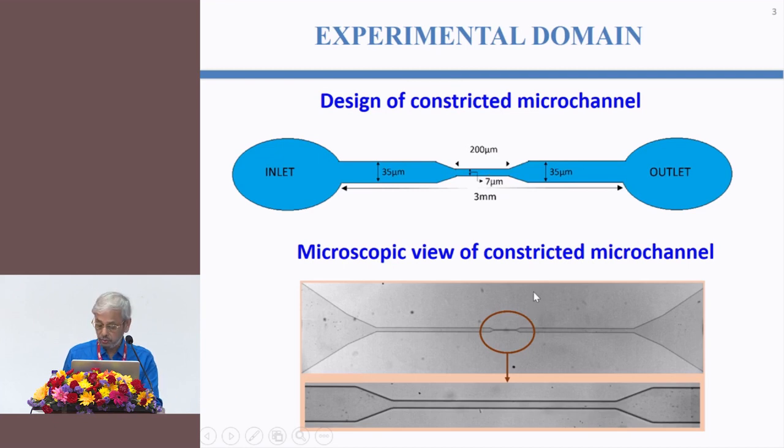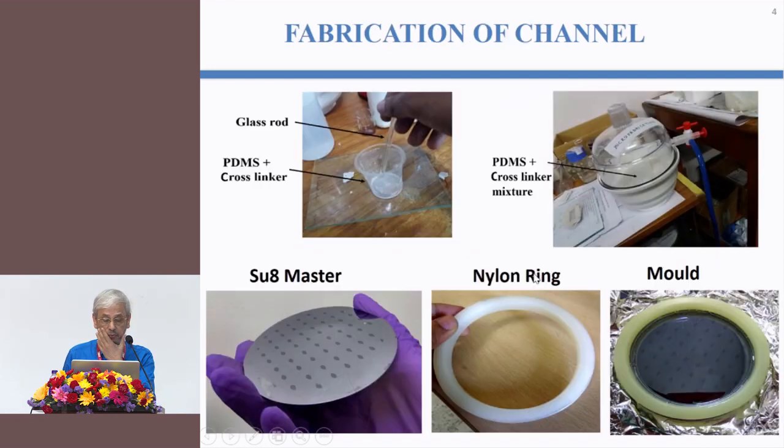It's very difficult to fabricate this. Today in our country, very few places can fabricate this. IIT Guwahati now has a full-fledged facility, but when I started this work in IIT Guwahati, we did not have this facility in place. It was done in IISc.